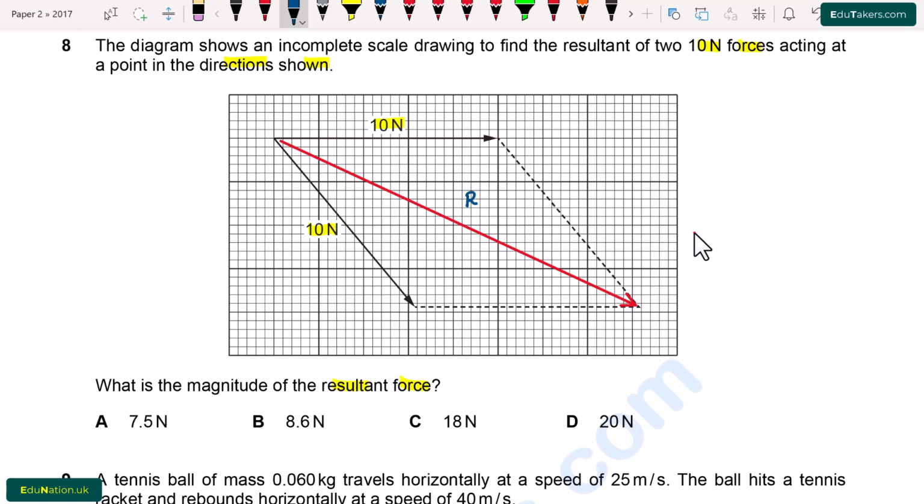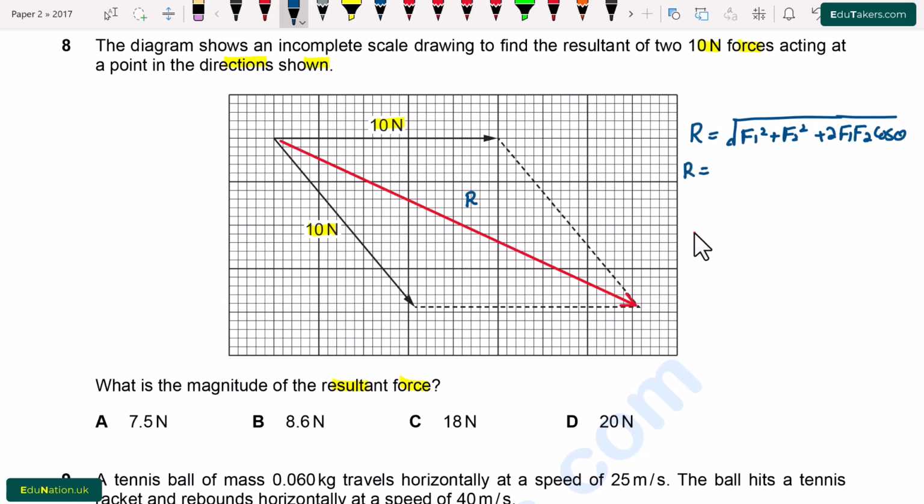Now we have to find out the magnitude of this resultant force. So I write here R is equal to square root F1 square plus F2 square plus 2 F1 F2 cos theta, where theta is the angle between both of these forces. F1 and F2 both of these are 10 Newton.